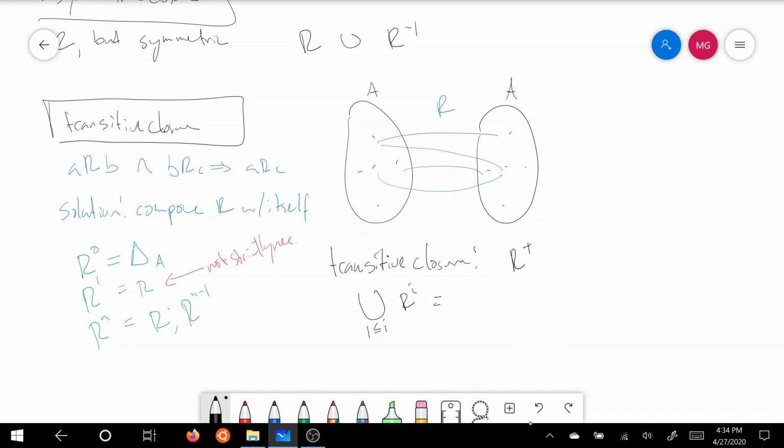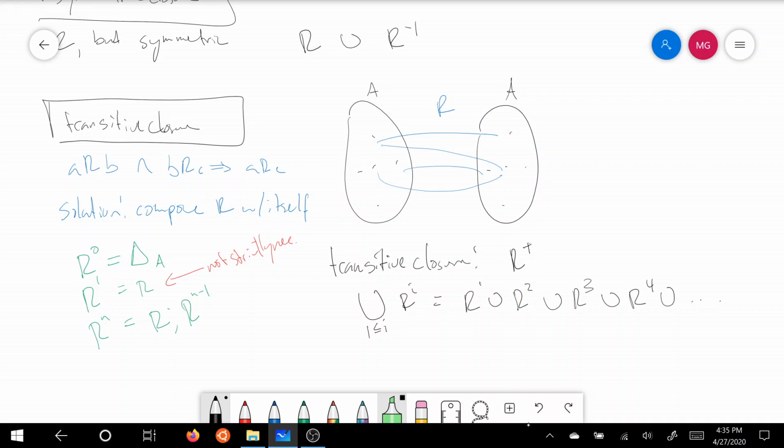That is to say, this is R to the 1, union R squared, union R composed with itself 3 times, union R to the 4, union, and so on, all of them.